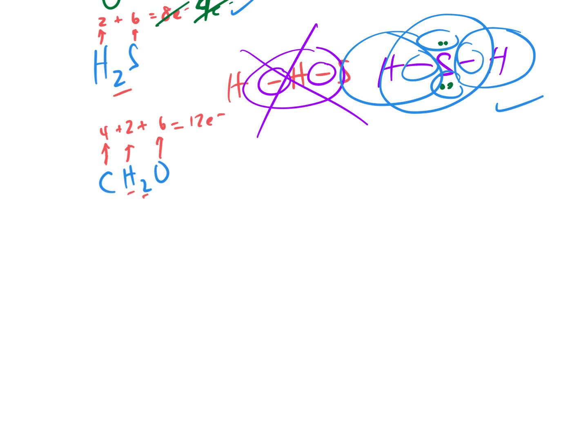All right, central atom. Now we got 3 to choose from. Is it hydrogen? No, never. So we got carbon or oxygen. This one's hard to tell because there's 1 of each, right? So how do we tell which one the central atom is? The one that is least in what?